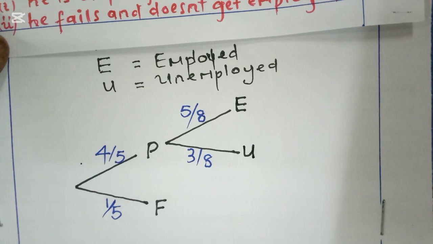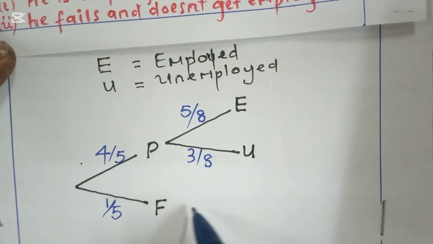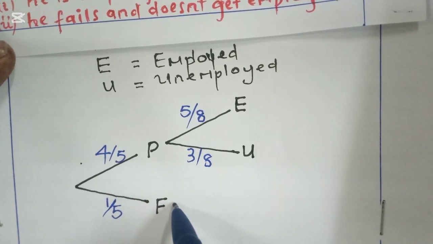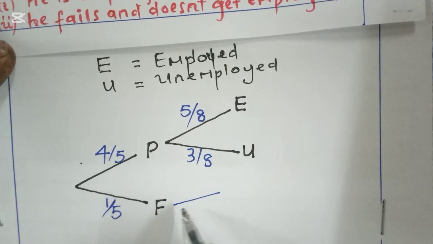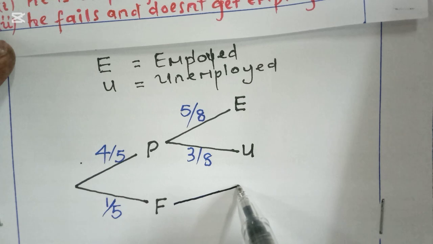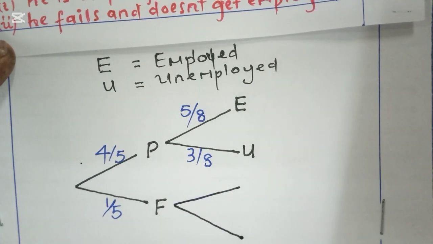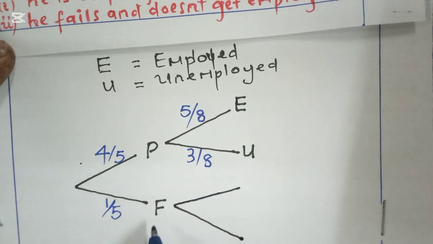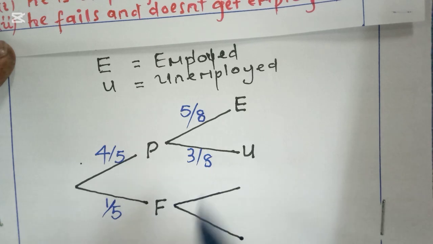Guys, we continue. If he fails his exams right here, the probability that he gets employed is 3/4. So we draw yet another branch here, using the black pen, like that. We are saying if he fails his exams, the probability that he gets employed is 3/4.